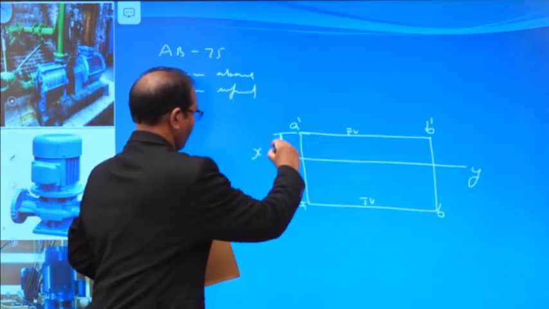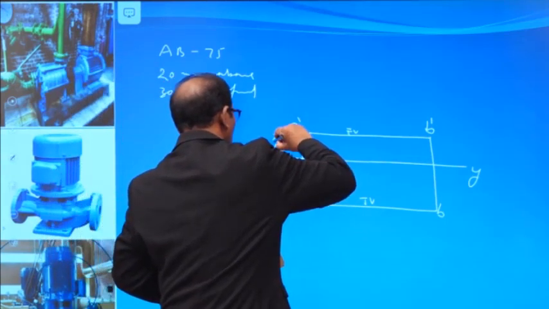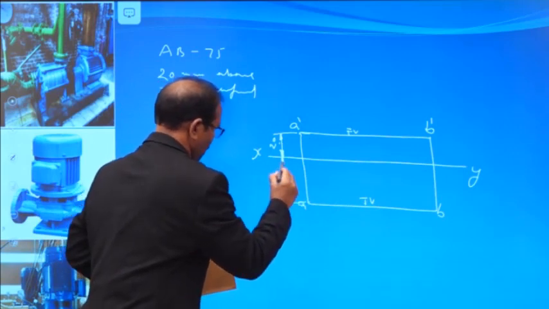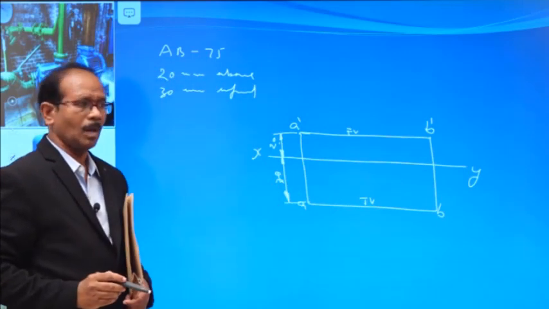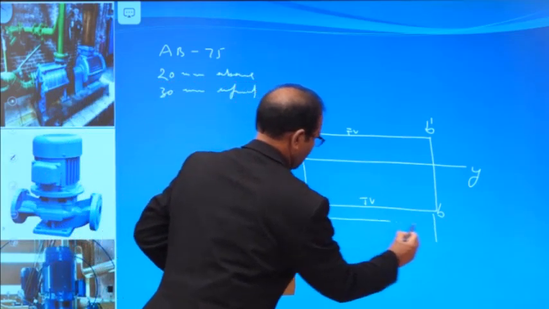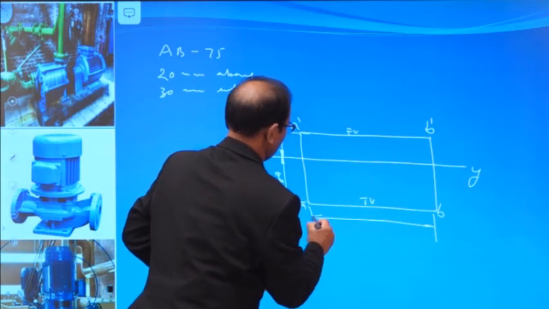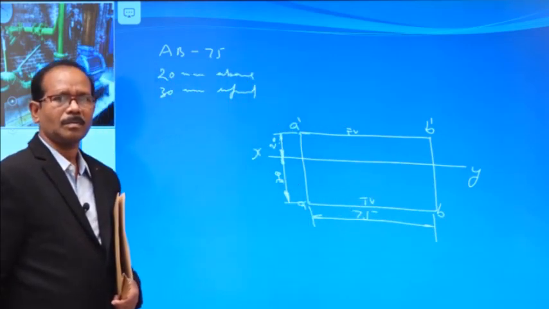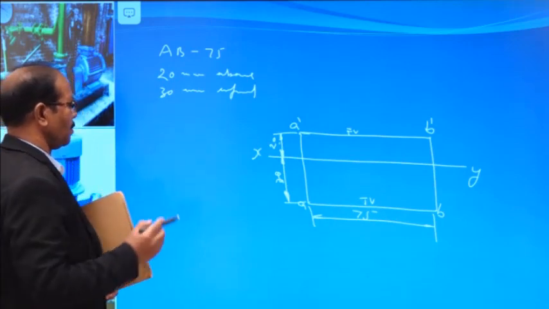Then 20, aligned system, 20, 30, and the length of the line, 75. This is the first problem.